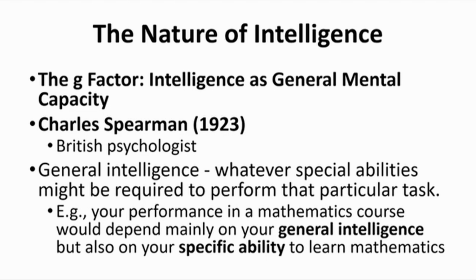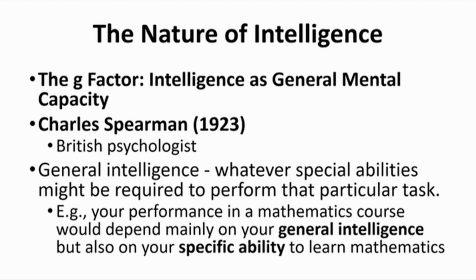When looking at some of the Stanford Binet intelligence test questions, he also found that there was general correlation between different types of questions. Things that were testing vocabulary or arithmetic, different kinds of reasoning, there tended to be an overall slightly positive correlation that he decided must be an equivalent of general intelligence.